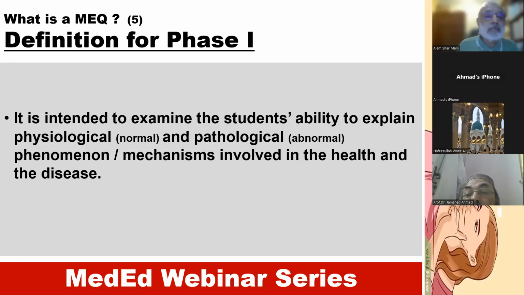So in our modified essay questions, especially for phase 1, we can ask questions related to the normal functions and structures of the body, as well as the mechanisms or pathogenesis or pathophysiology of abnormal conditions or diseases.